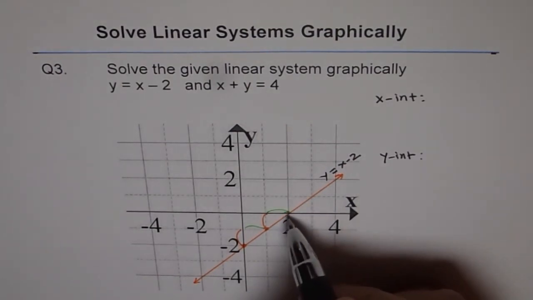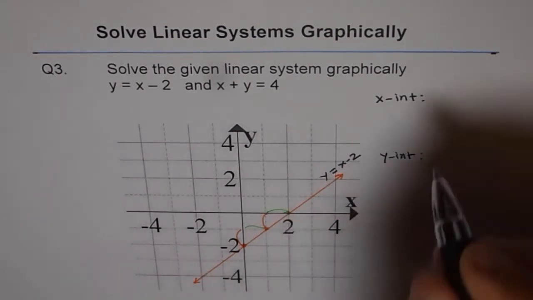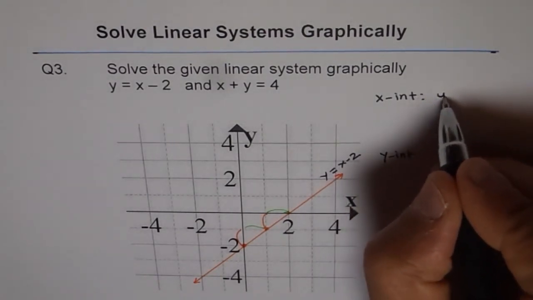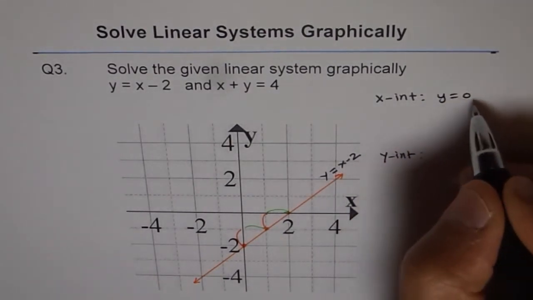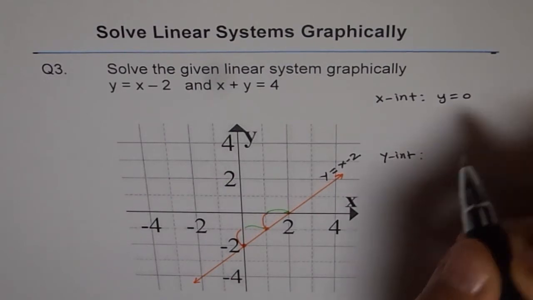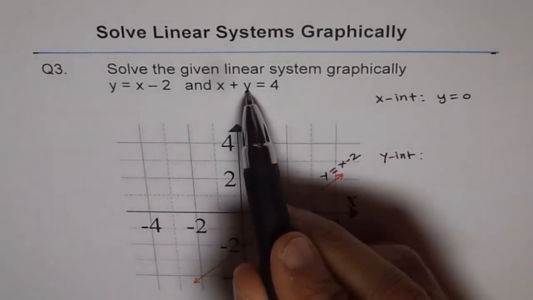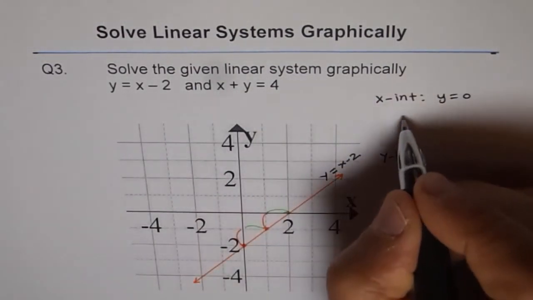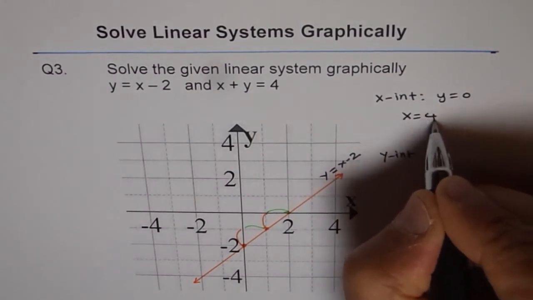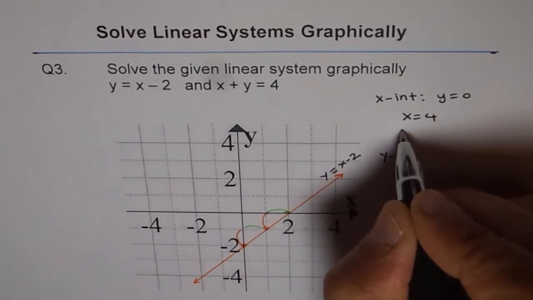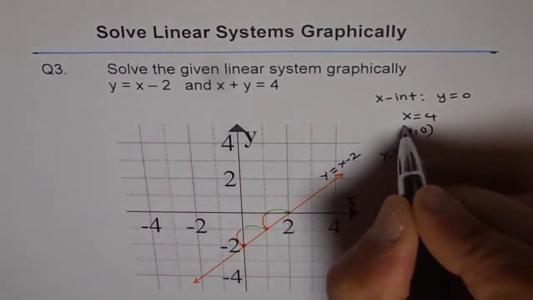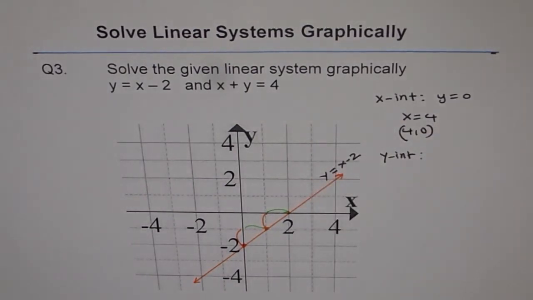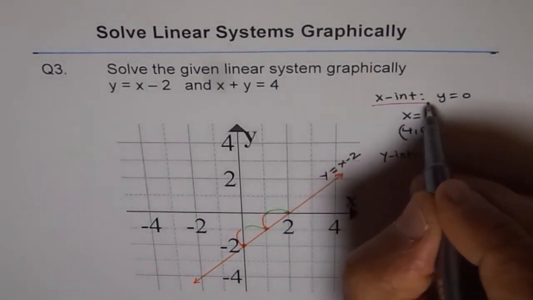At this point you will see y is 0. At any x-intercept, y is always 0. So we can plug in 0 for y and solve. If I write 0 for y, I get x equals 4. That's easy. And therefore, our x-intercept is (4, 0).